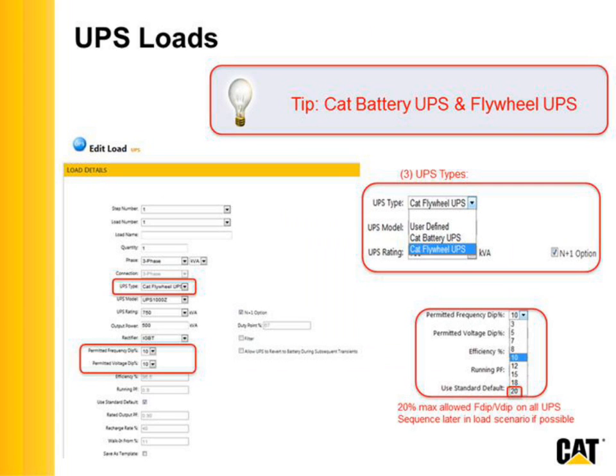We have another question for you. What is the advantage of sizing CAT's UPS versus other manufacturers? Can you talk a little bit about that? Yeah, it's a good question. With a lot of the generic UPS, it's just generic data, whereas with the CAT UPS, we have the data.